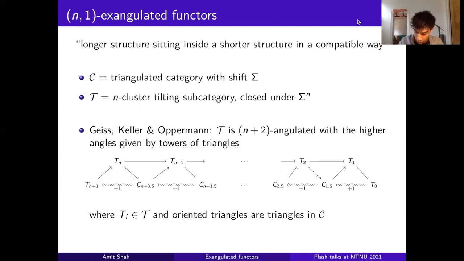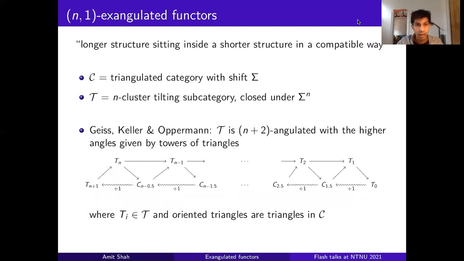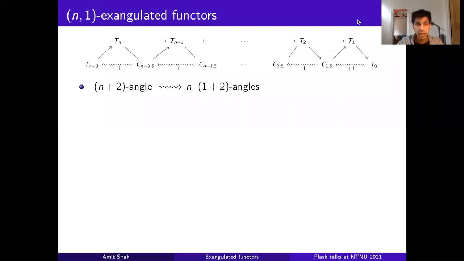And the connecting morphism from T0 to the nth shift of Tn+1 really is this composition going all the way from the right to the left along the bottom row. So what's this telling us? Well, it's telling us that we can go from one n+2 angle, this whole thing along the top, and we can pick out n triangles.